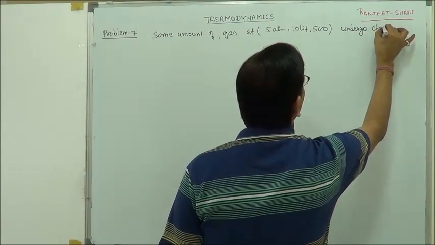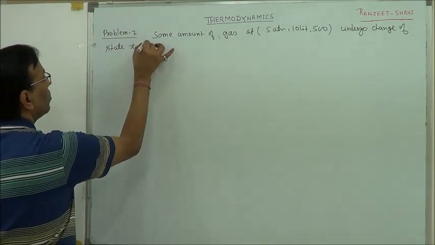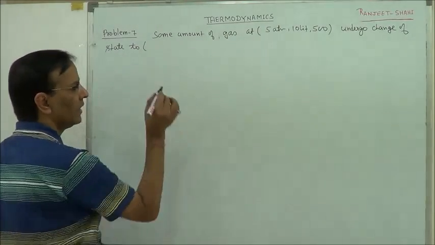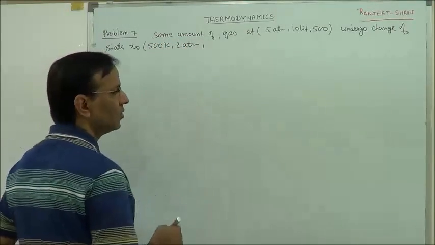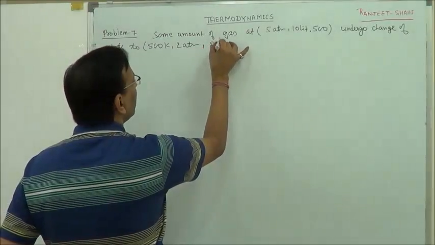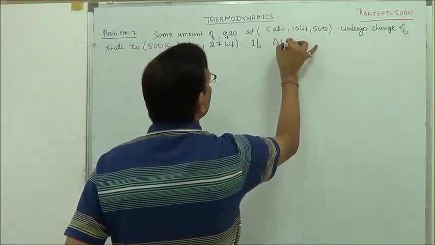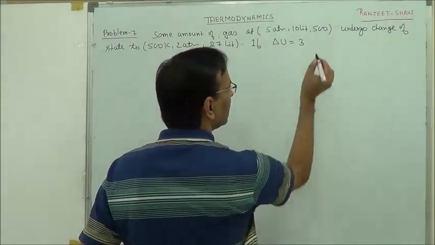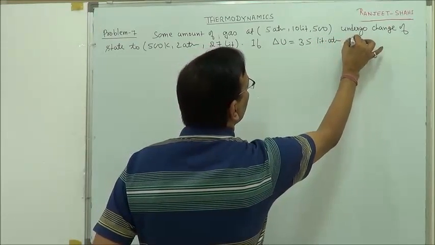Undergo change of state to a final state of 2 atmosphere, 500 Kelvin and 27 liter. If change in internal energy is 35 liter atmosphere, determine delta H.